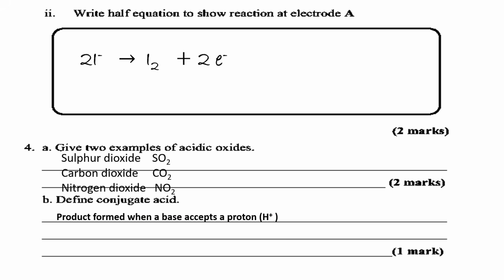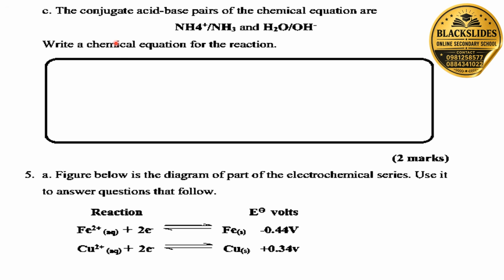Welcome, learners. The conjugate acid-base pairs of the chemical equation or chemical reaction are given here. Ammonium ions and ammonia will form a pair. Water and the hydroxide ions will also form another pair. We are asked to write a chemical equation for the reaction.